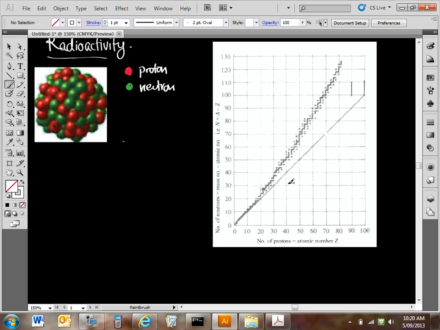Atomic number 40, I don't know what element that is. Some of these isotopes need approximately 50 neutrons to move into this stability area through here. So this is called the nuclear stability curve.